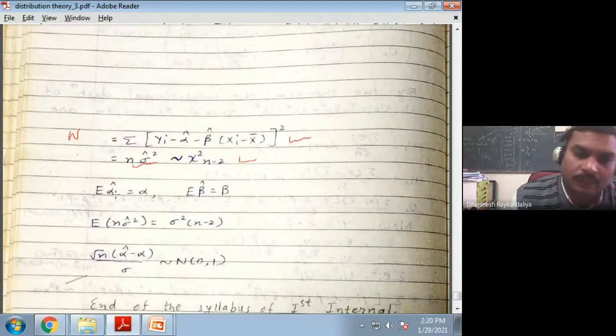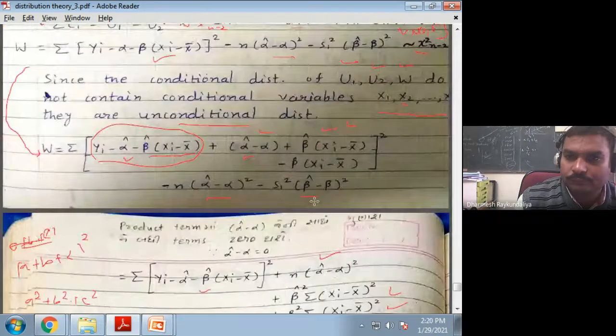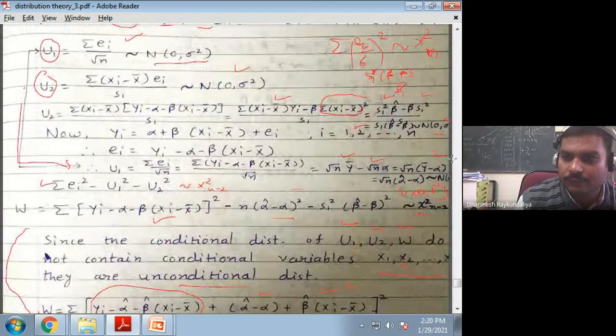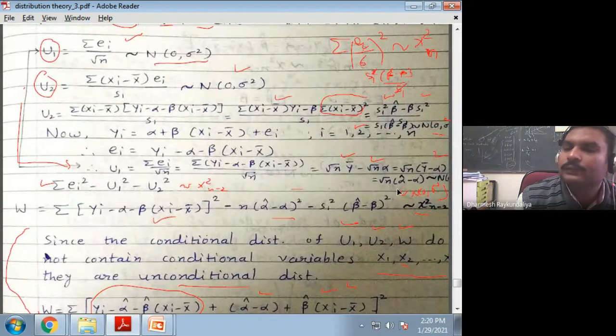So if you find the expectation of alpha cap, you can find it is alpha. Why? Because here you can directly use this result: root n alpha cap has the mean root n alpha, and variance is sigma square. So what is the alpha cap mean? It is alpha.